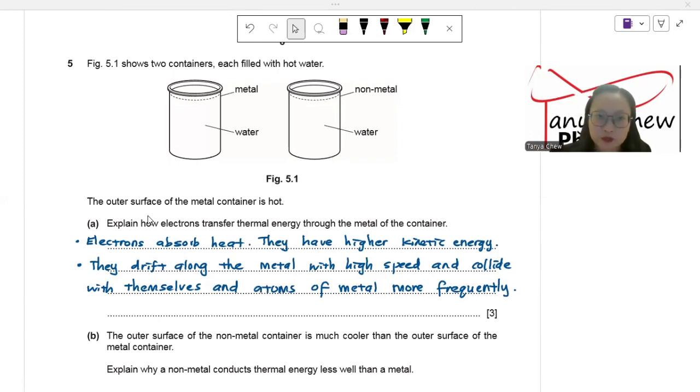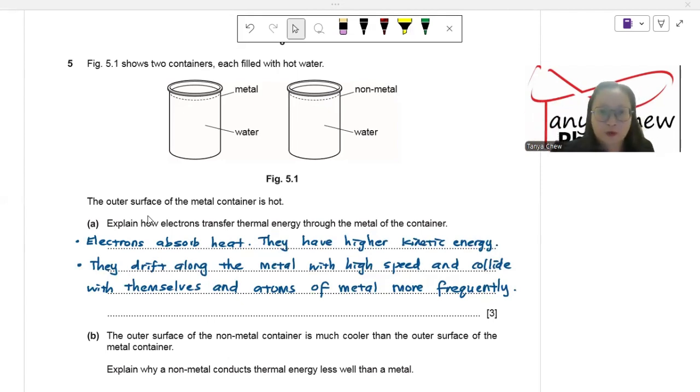When the electrons absorb the heat, they gain energy, so the heat from the hot water is transformed to the kinetic energy of the electrons. Because they are free to move about inside the metal and have more kinetic energy, they can drift faster with higher speed.